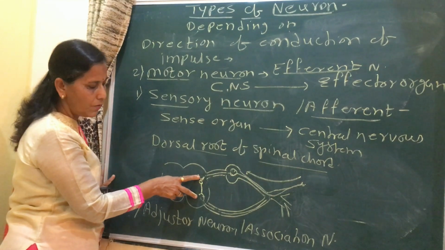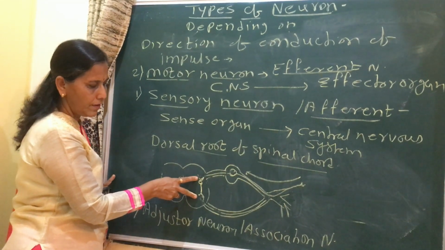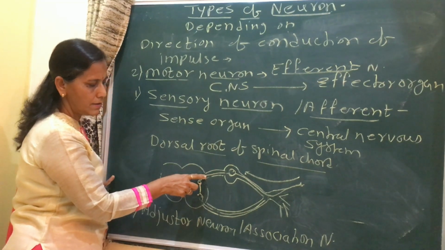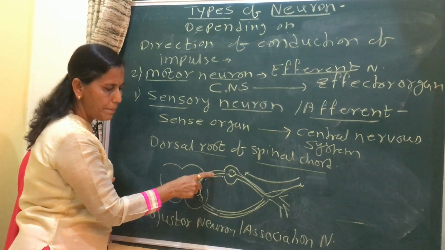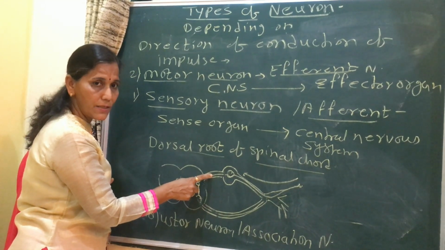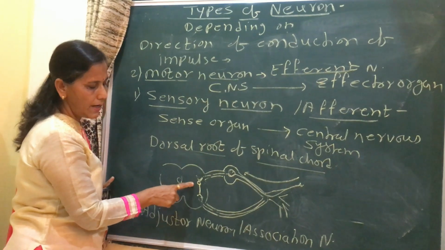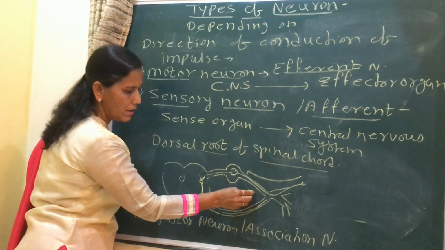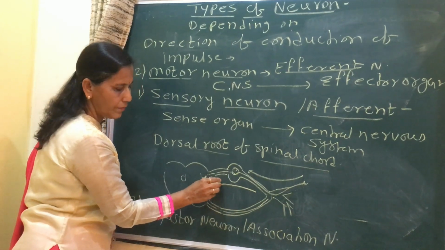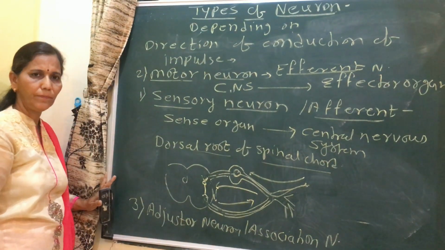Then the adjuster neuron, located in the gray matter, between the sensory neuron and the motor neuron. It receives the sensory impulse, interprets and analyzes it, and transfers it towards the motor neuron. Means the impulse direction is like this.